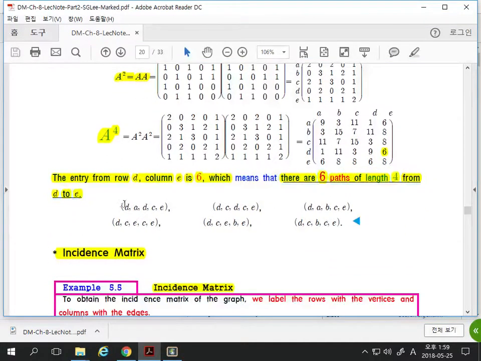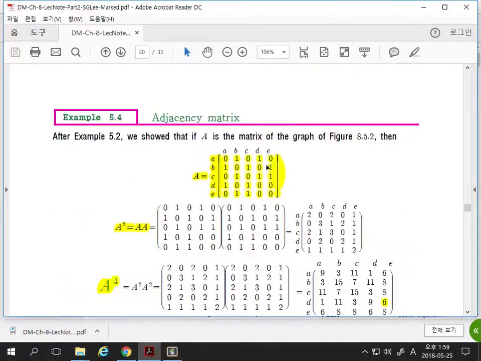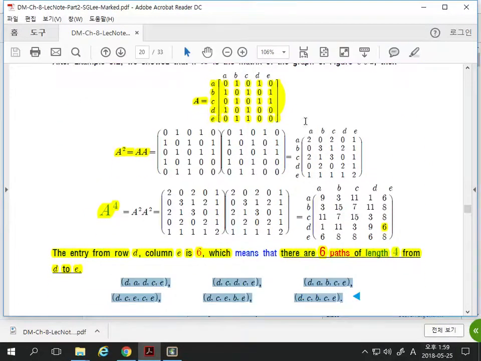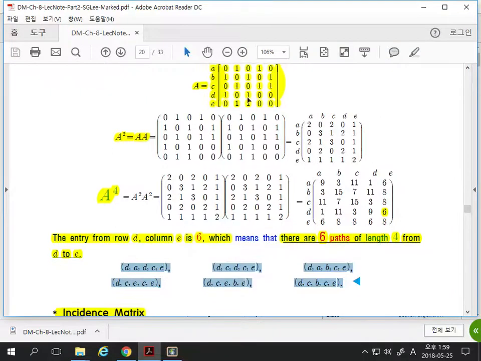And these are the 6 paths from D to E that you can find in the graph that gave us this adjacency matrix.